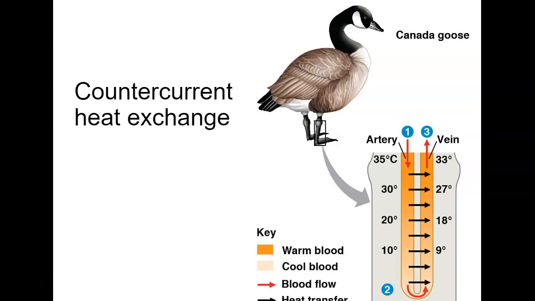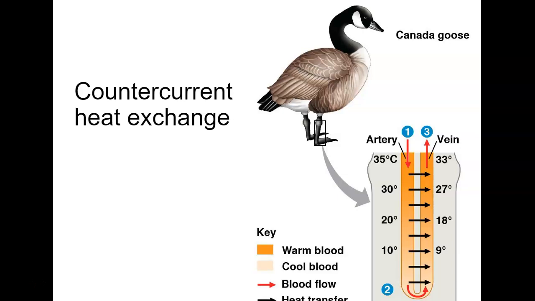Think of it like diffusion, even though it's not really diffusion. So thermal temperatures will always go from wherever it's warm to wherever it's colder. So as the blood is going down to the foot of the duck or bird or whatever it may be, the heat actually gets pulled from the artery side that's going away from the core to the vein side that's going back up to the core.